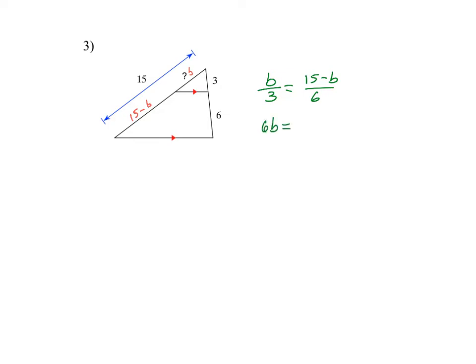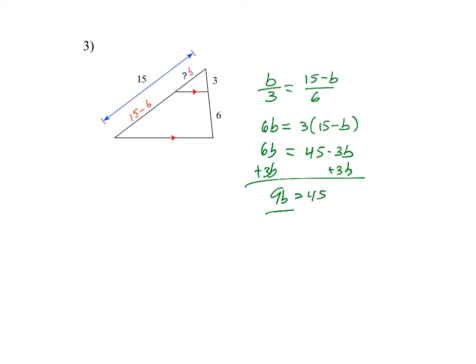So 6B equals 3 times 15 minus B. 6B equals 45 minus 3B. 9B equals 45. Now I'm going to divide by 9, so B is 5. It's just a coincidence that all these exercises are equal to 5, but it's not necessarily going to be equal to 5.